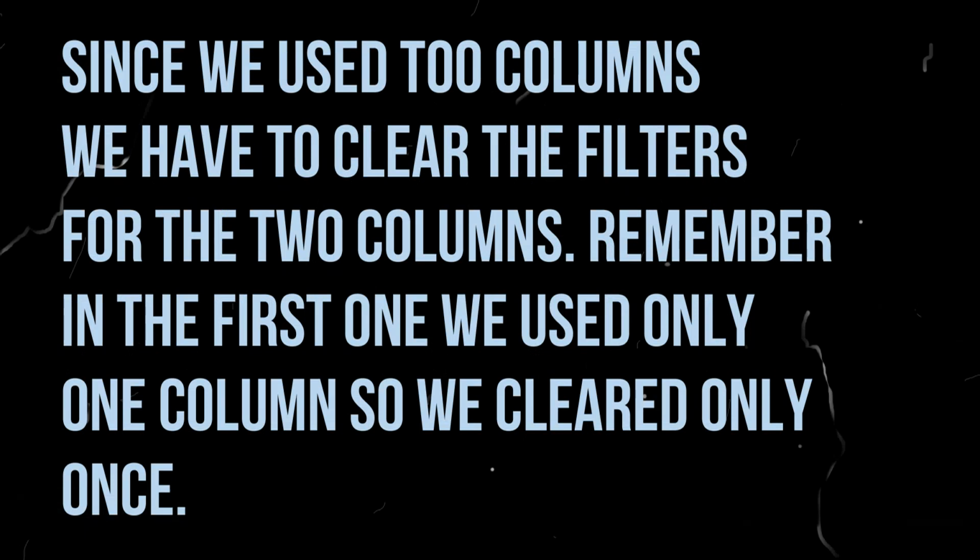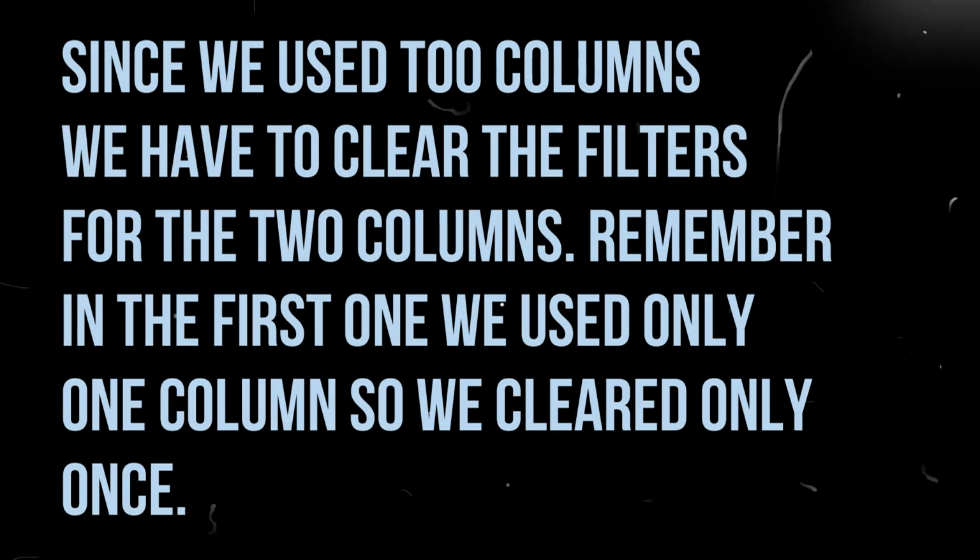Since we used 2 columns, we have to clear the filters for the 2 columns. Remember, in the first one we used only 1 column, so we cleared only once.